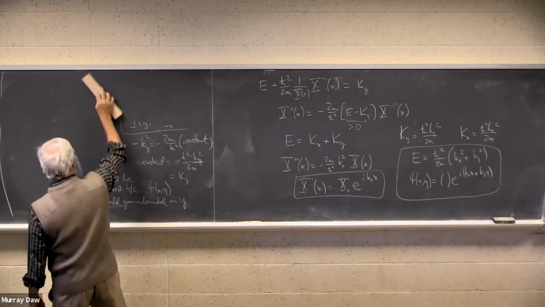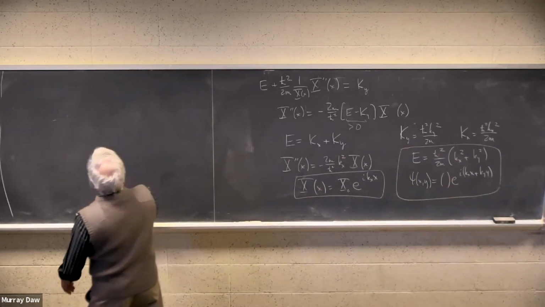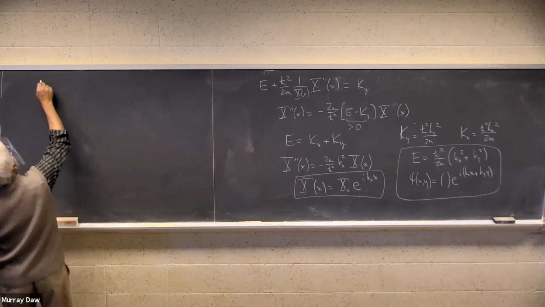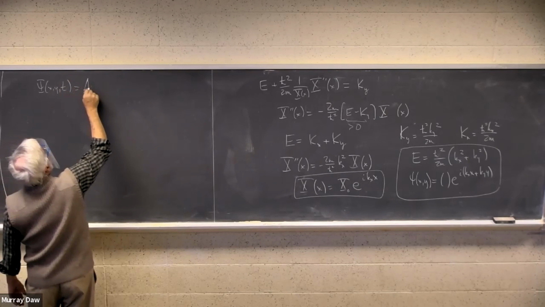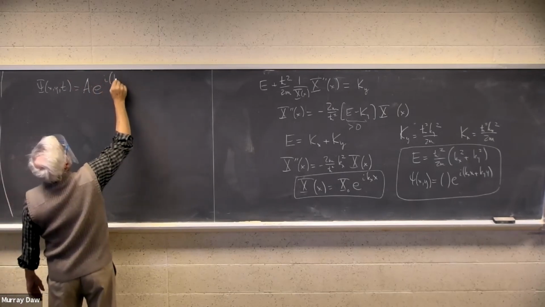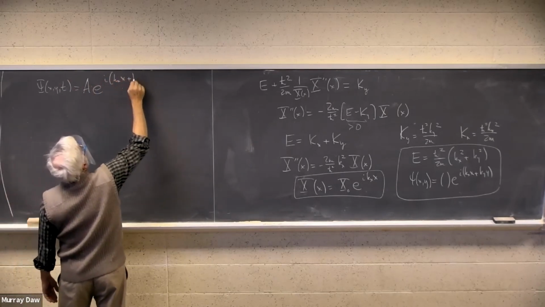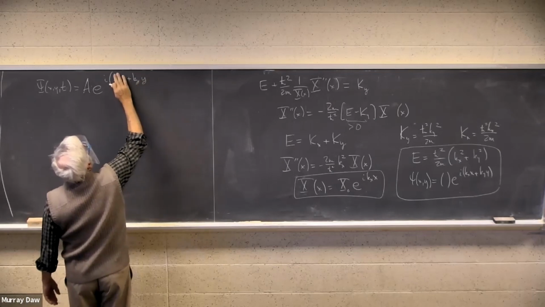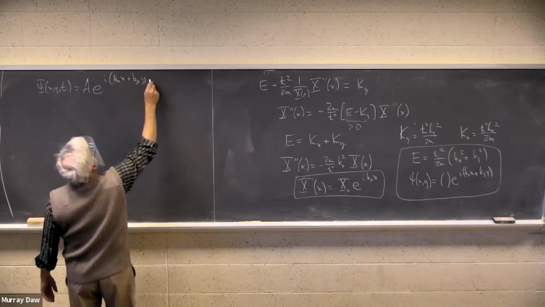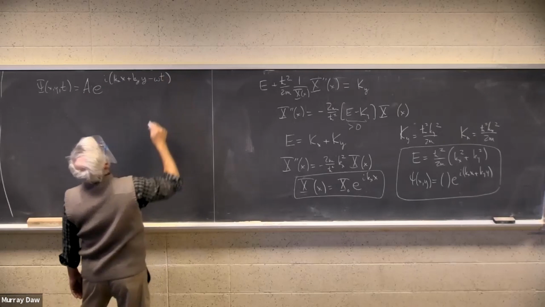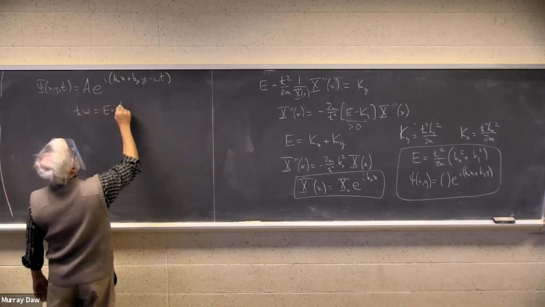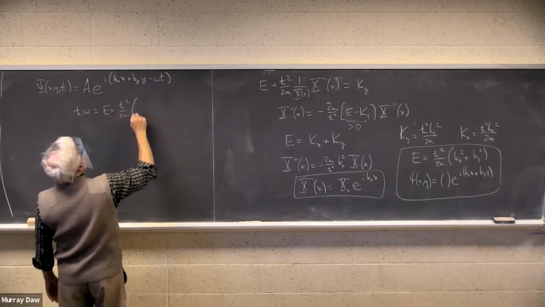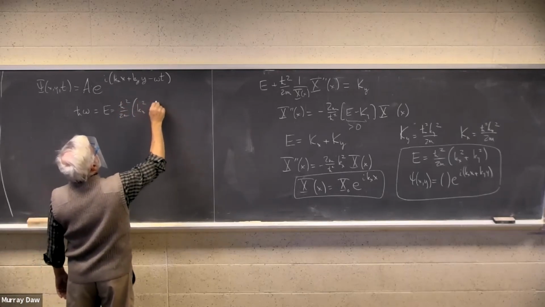Okay, so the complete solution then of this type, putting all the parts back together: constant times e to the i(kx x plus ky y minus omega t), with h bar omega, which is the energy, equal to h bar squared over 2m times kx squared plus ky squared.